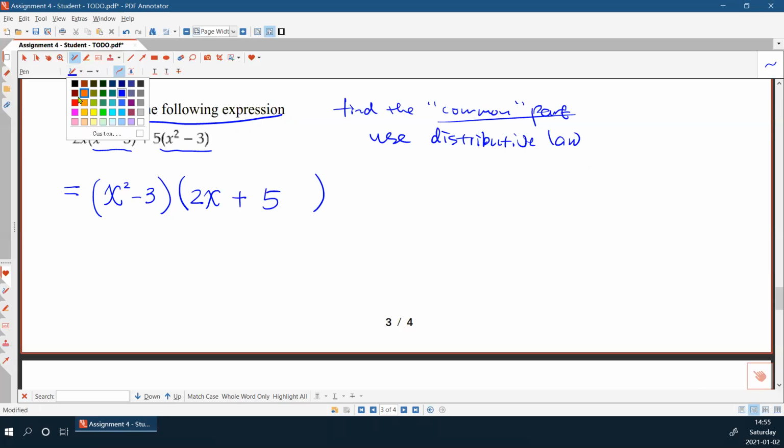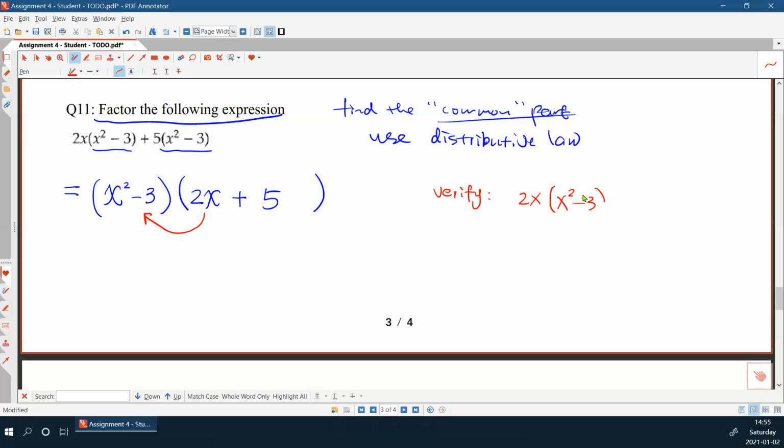So after this step, it's better for you to verify if you have done it correctly. Okay, if you verify it, first term times x squared minus 3 gives you 2x times x squared minus 3, right?